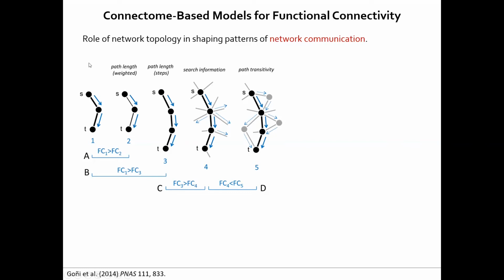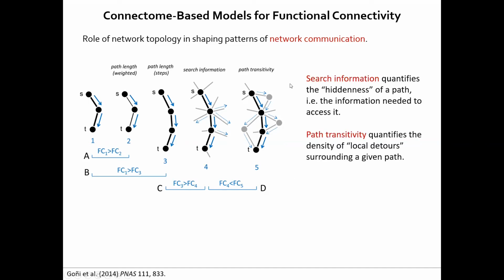And these aspects of connectivity and communication, my former postdoc, Joaquin Goni, now professor at Purdue, and I set out to test whether those structurally determined characteristics of paths are actually predictive of functional connectivity in empirical data.